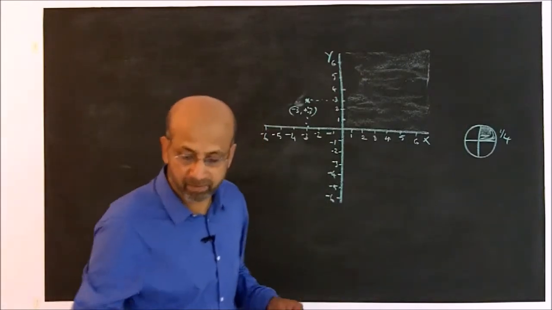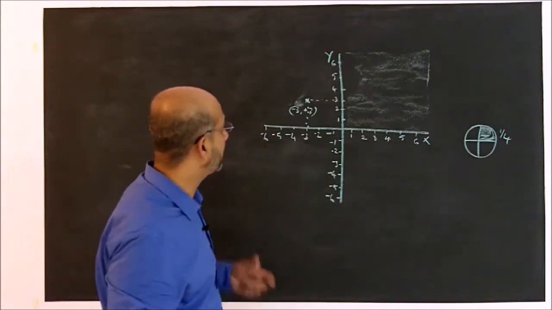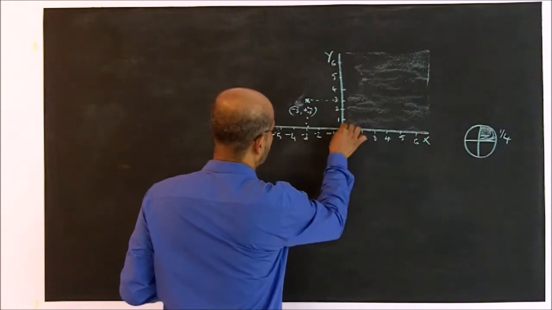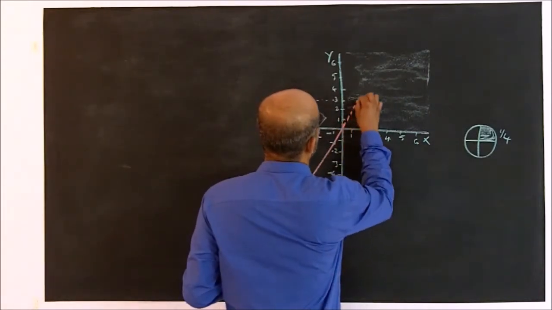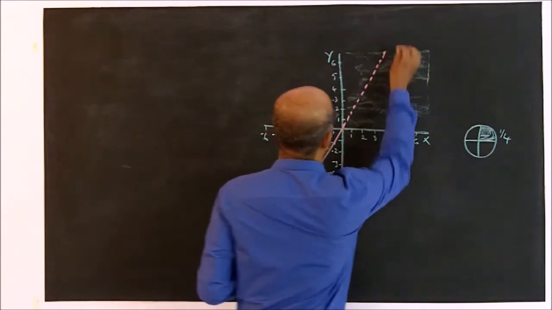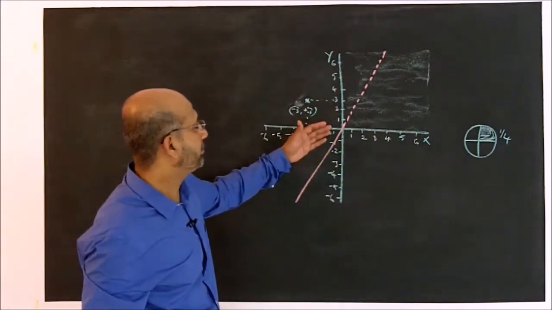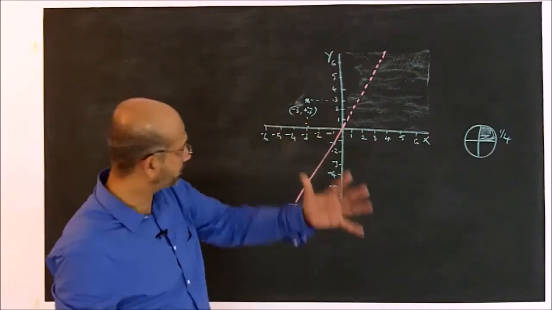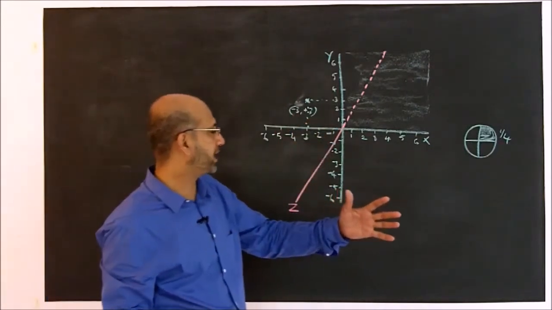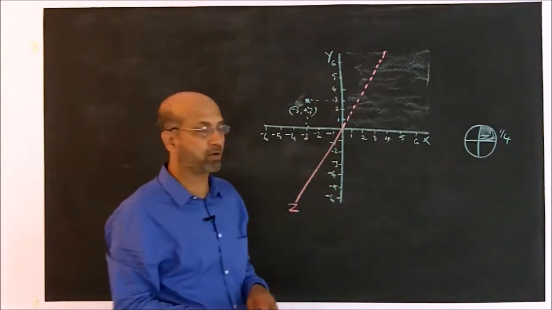If you also bring the third dimension into the picture, let's imagine the positive aspect of the z-axis on this side of the board, and the negative z is on the other side of the board.